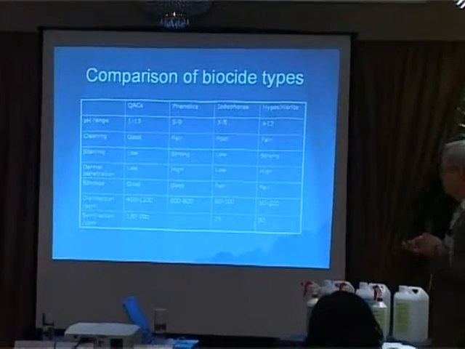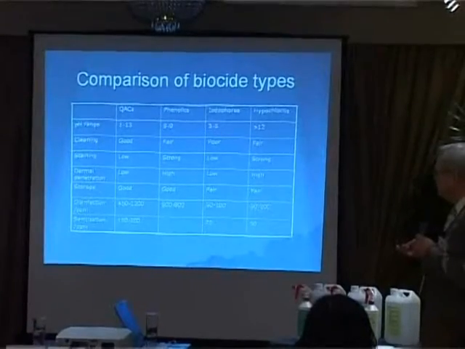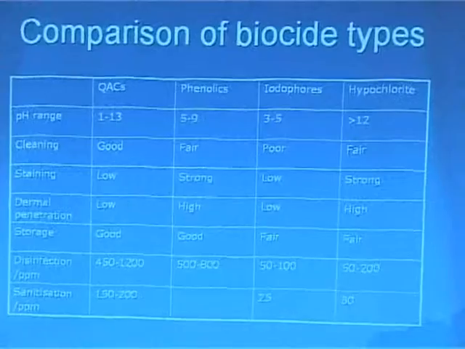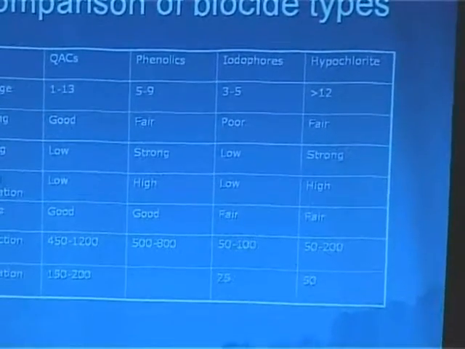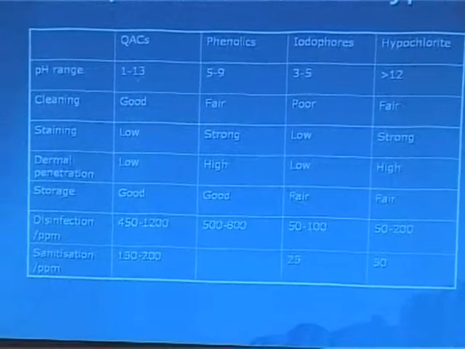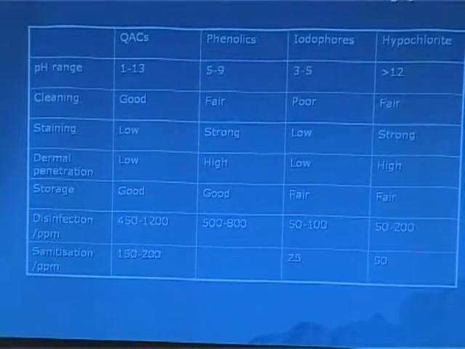Iodine containing materials, you can only use them over a very narrow range, and likewise with hypochlorite or the bleaches, again you've got a restricted range. For cleaning, the quaternaries win hands down, far better than the other materials.